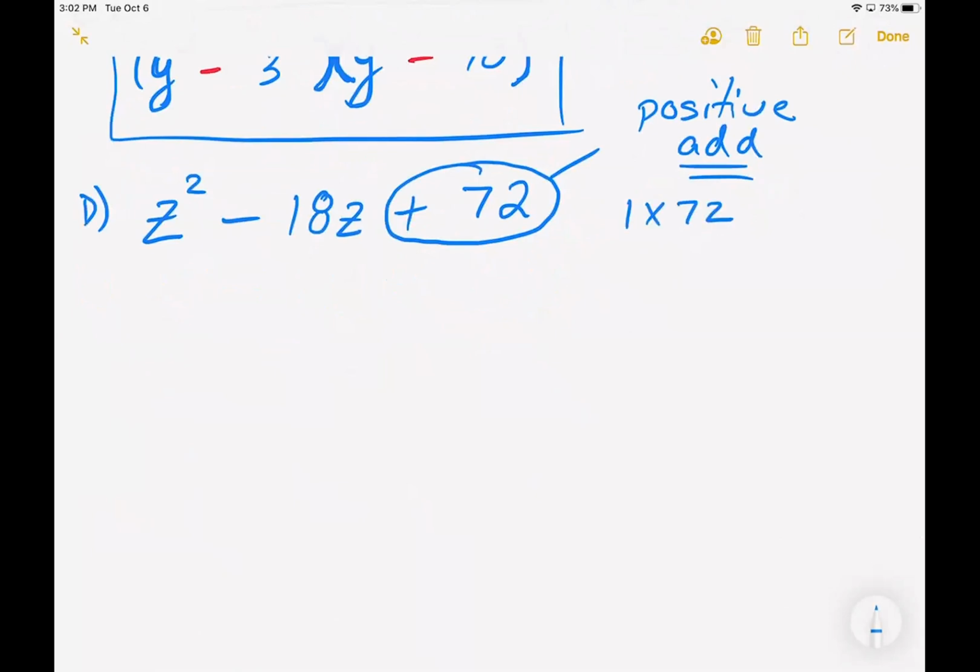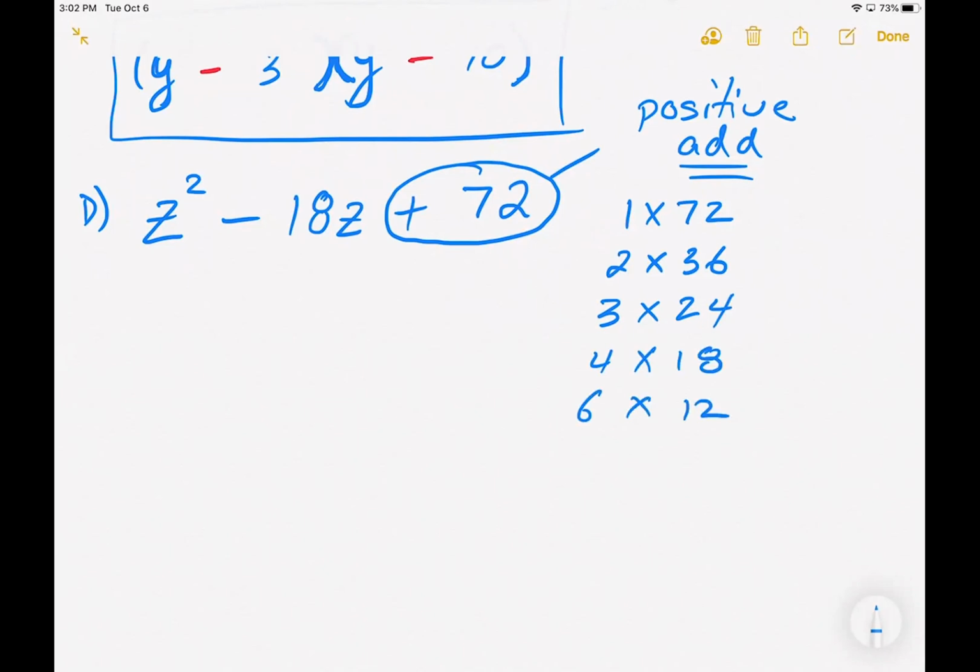Meaning, take 72 divided by 1. 72 and 1 will always work, right? 72 divided by 2, or 2 times 36, gives me 72. 72 divided by 3 gives me 24. 72 divided by 4 gives me 18. 72 cannot divide by 5. 72 divided by 6 gives me 12, right?